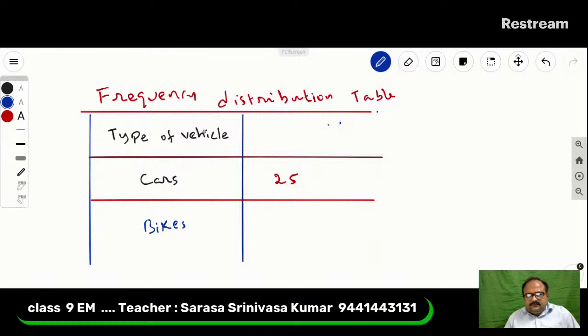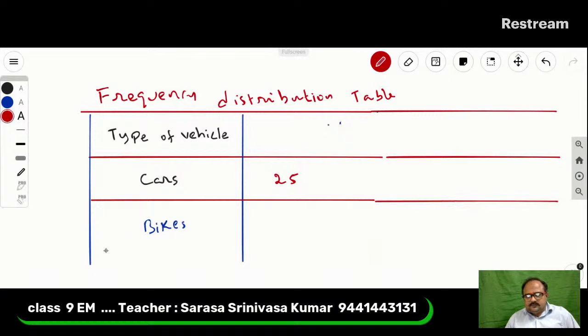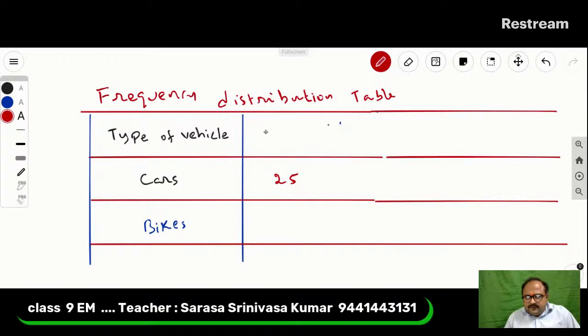We have to write the tally marks also. So we write here tally marks.